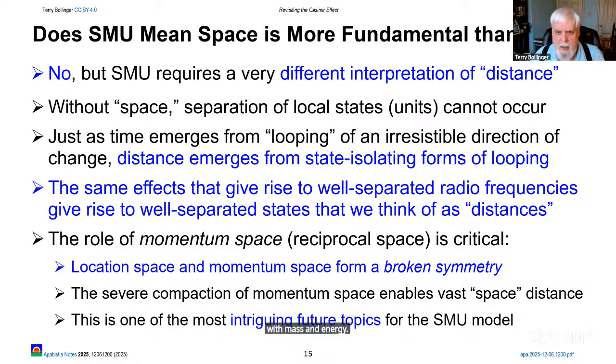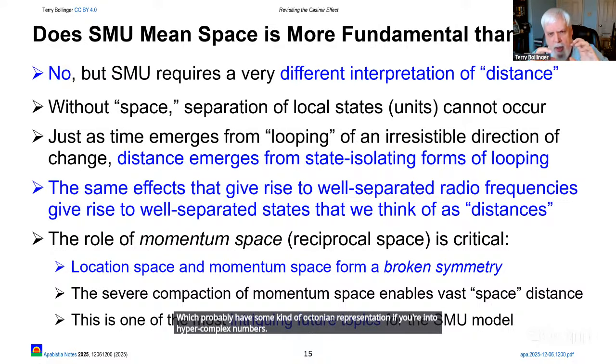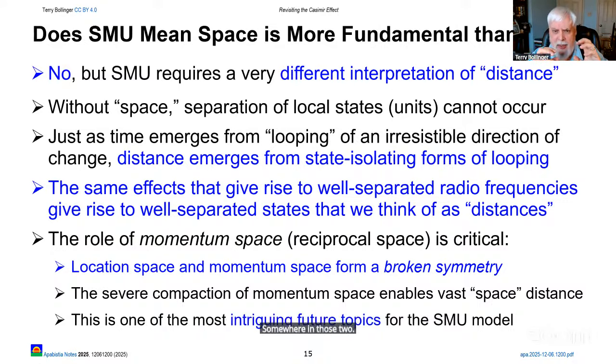Somewhere in those two, which probably have some kind of octonion representation if you're into hypercomplex numbers, there's a break, and one of them collapsed and becomes localized into the energy and momentum component of objects. And the other one expanded and became massive and was able to implement this idea of very, very, very cheap separation.